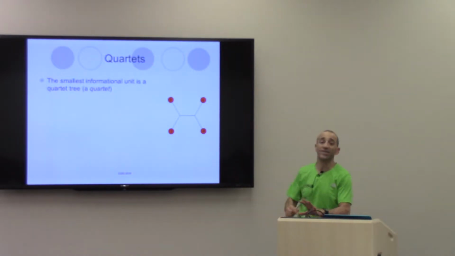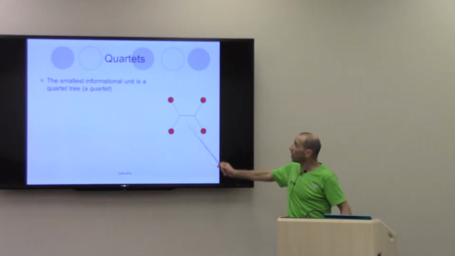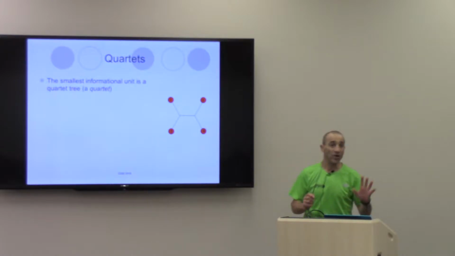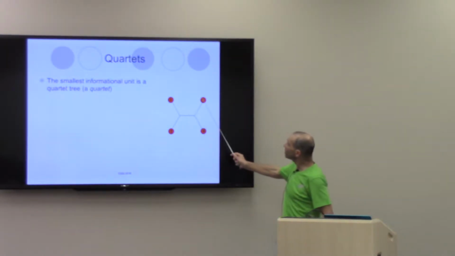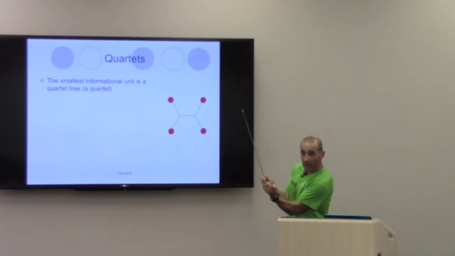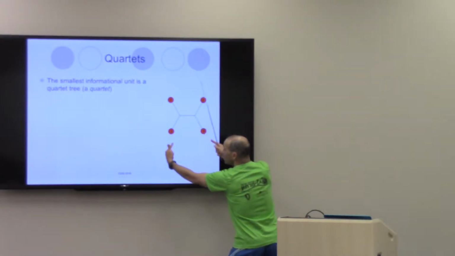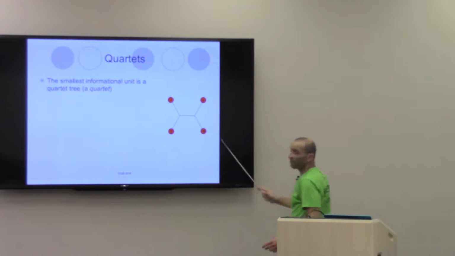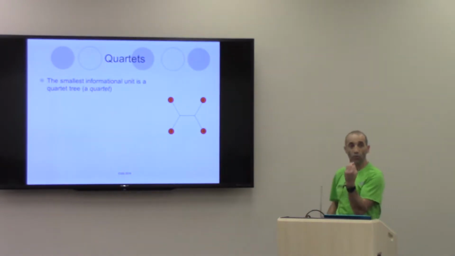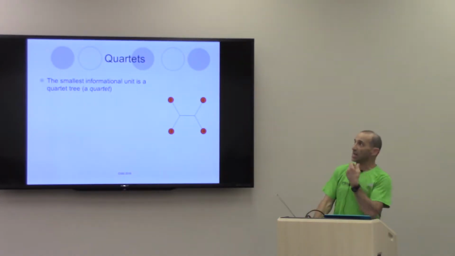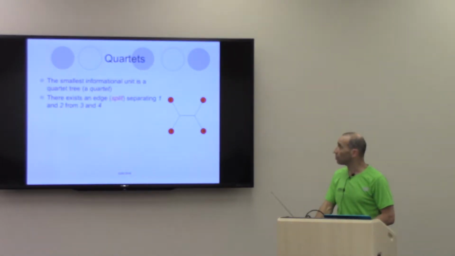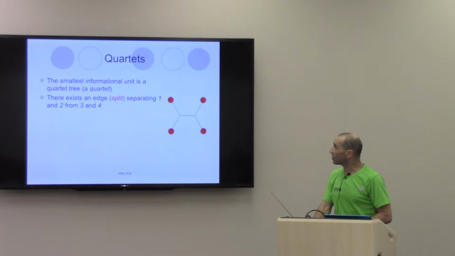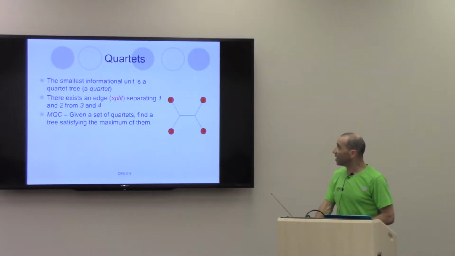That quartet tells us to separate 1 and 2 from 3 and 4. Again, not any distance here. The 1 and 3 can be very near each other, while 2 and 3, their branches can be very far. It's only some combinatorial restriction. So this is what it says.